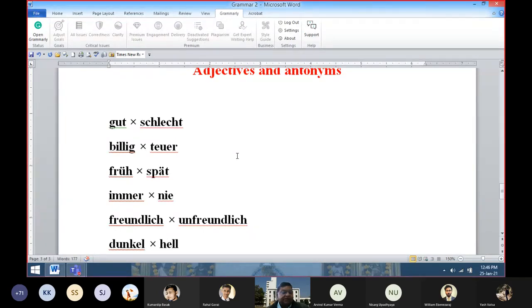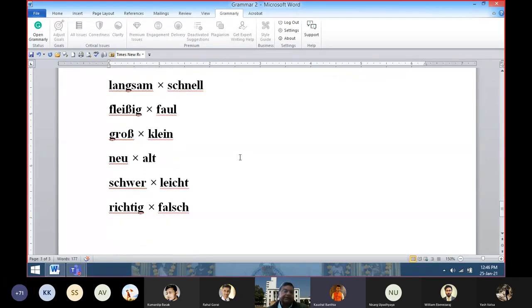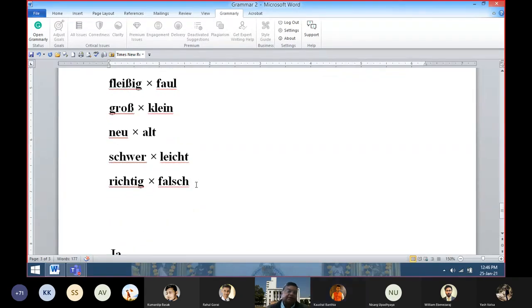For richtig, right, there could also be a left. So what do we call left? No, that is a different word. Rechts, and then the opposite is links.